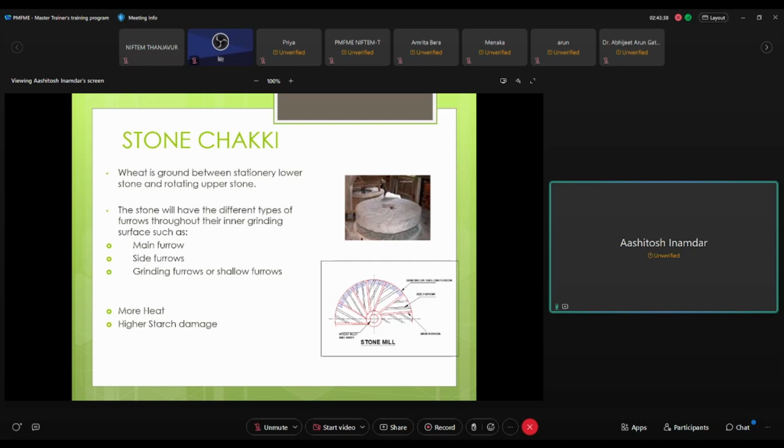So we have to chip the stone again, and this chipping needs skilled personnel. Every 10 days or so, you should chip the stone at the periphery. So it needs some spares also. The stone chipping spares should always be there in your plant. So this is about stone chakki.